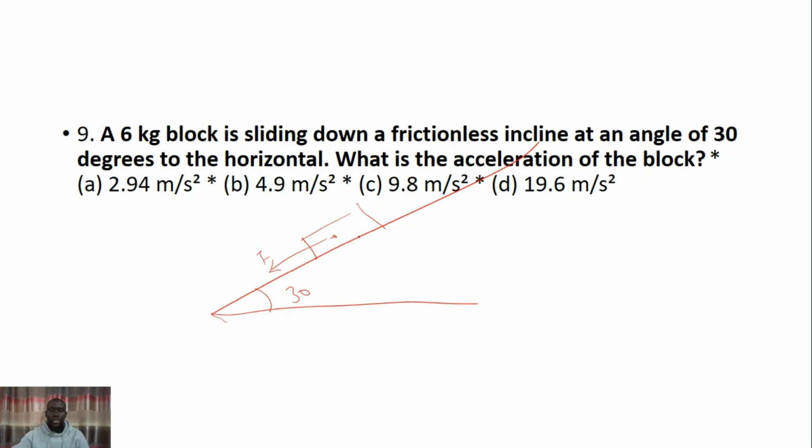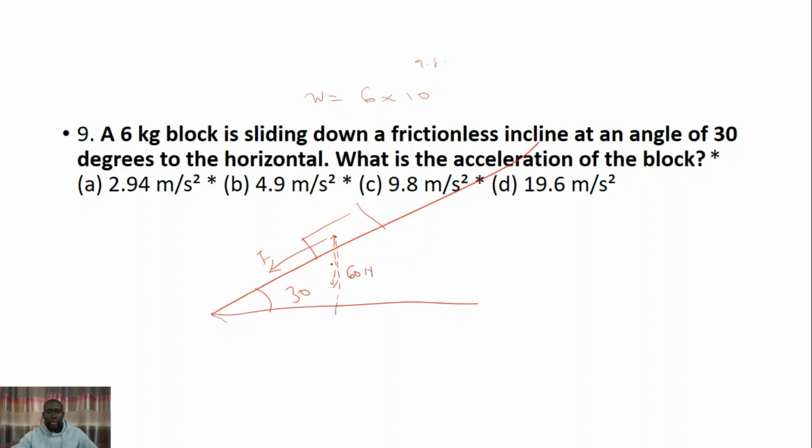They say what is the acceleration? For us to know the acceleration, we need to know the weight of the body, and we can know the weight from the mass. We know that weight is equal to 6 times the acceleration due to gravity, approximately 10, though you can use 9.8. Don't forget about that. So the weight of this body will be equal to 60 Newton, right?